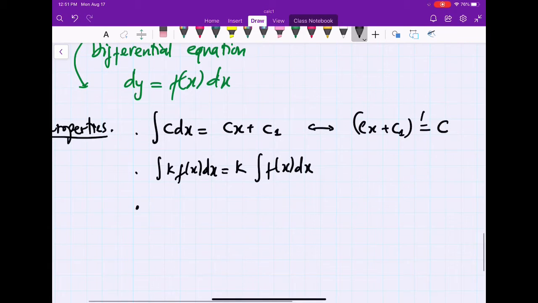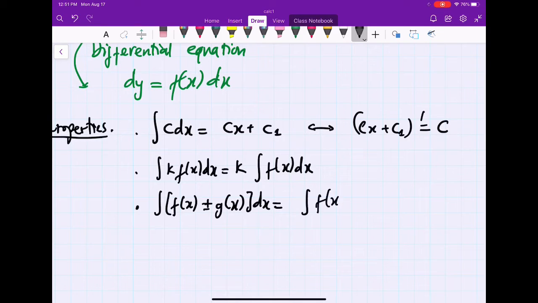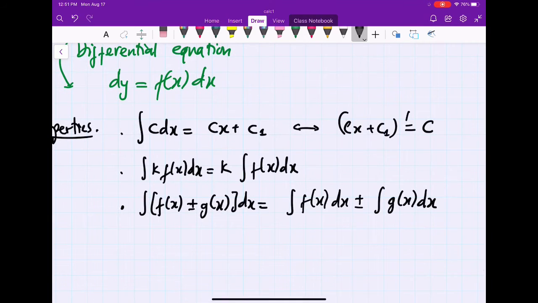Next one, you have the integral of f of x plus or minus g of x is just equal to the integral of f of x dx plus or minus the integral of g of x dx. We just mentioned that it's because of the additivity of differentiation.